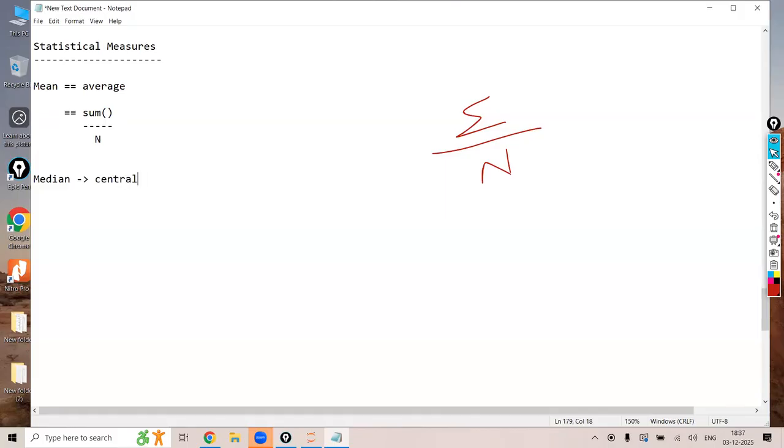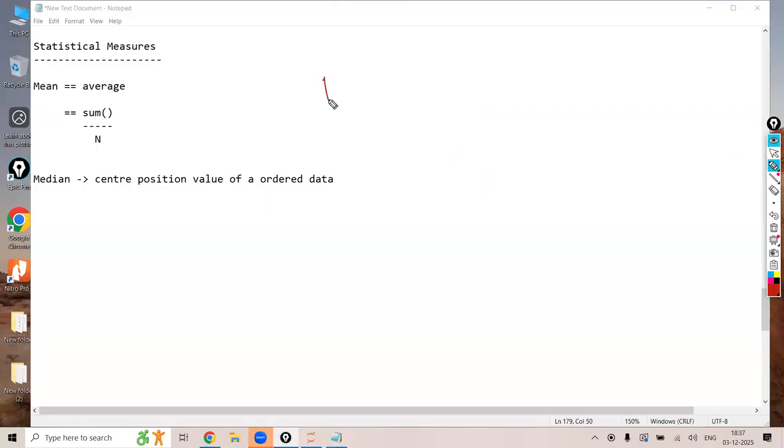The center position value is called the median of ordered data. What data was provided to you?